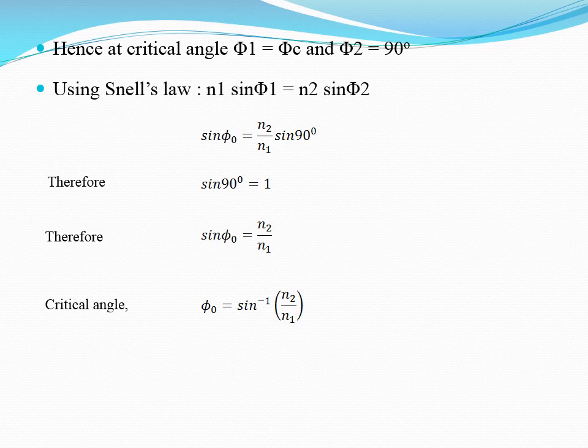Therefore, sine of the angle theta naught or phi naught will be equal to n2 by n1 into 1, which is n2 by n1. So I can say that the critical angle phi naught is equal to sine inverse of n2 by n1, and this can also be written as phi c equal to sine inverse of n2 by n1, because the angle of incidence is nothing but the critical angle.